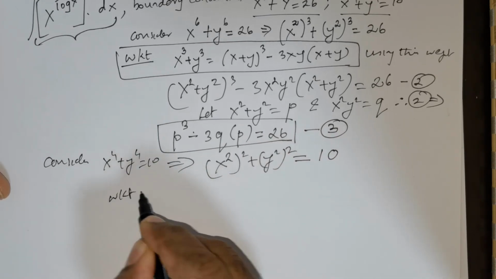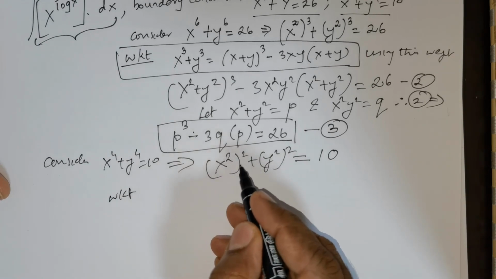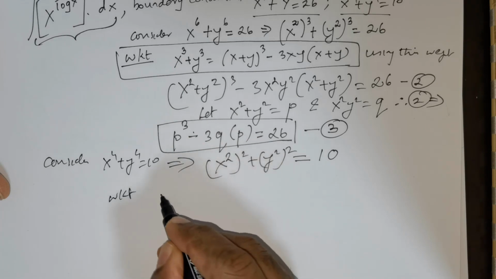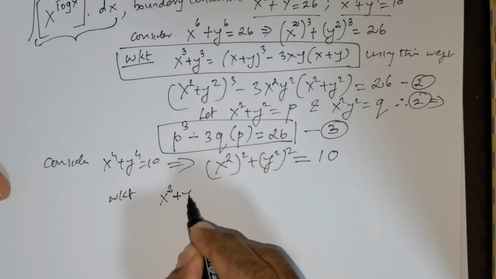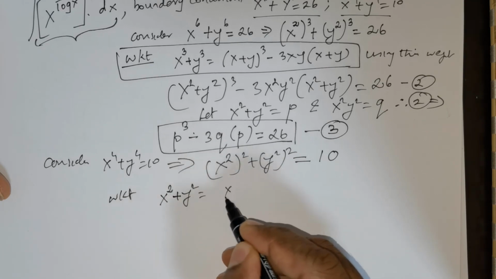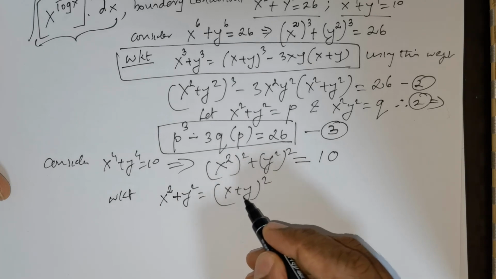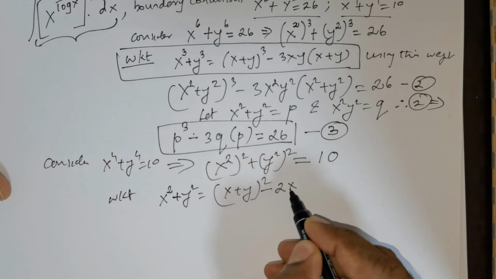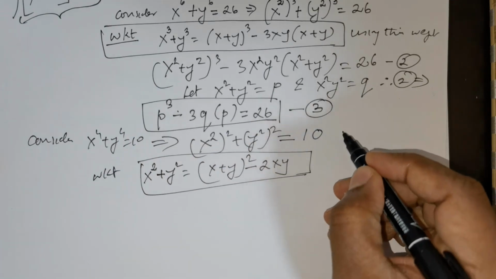Now we know an algebraic identity that has x squared and y squared. Let me write that down. If we were given x squared plus y squared, I can rewrite this as (x plus y) raised to the power of 2, minus 2 times xy. So this is the identity we will be utilizing.